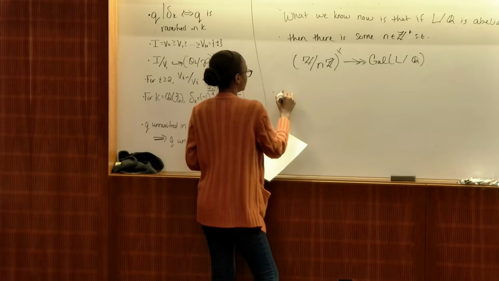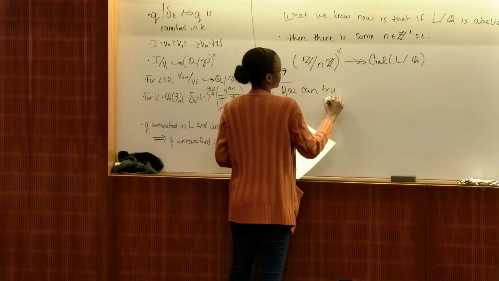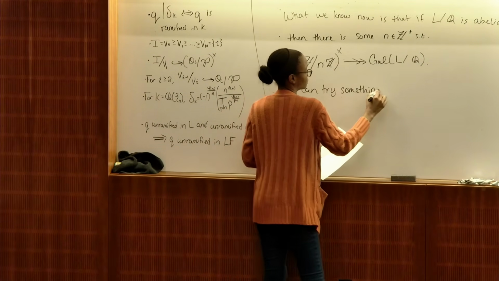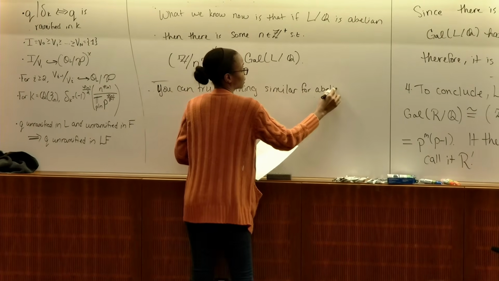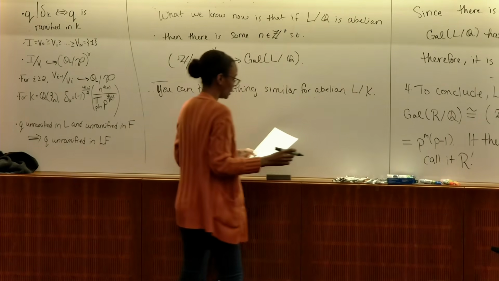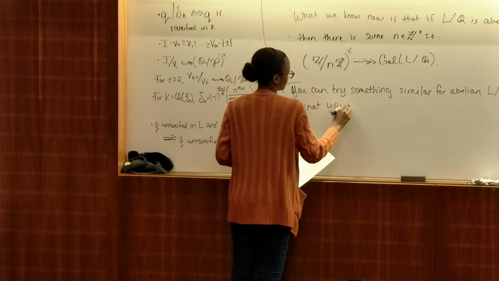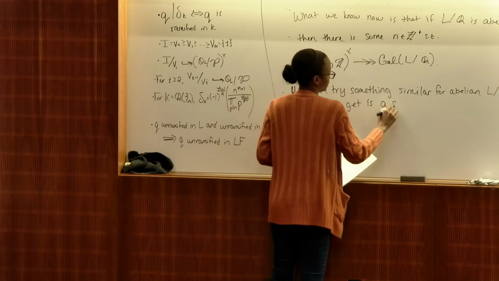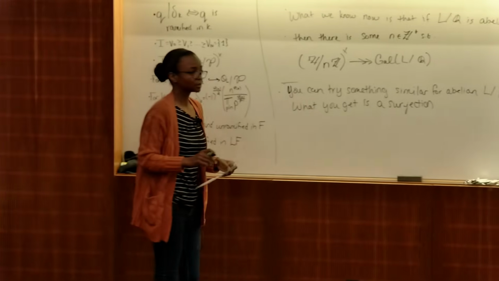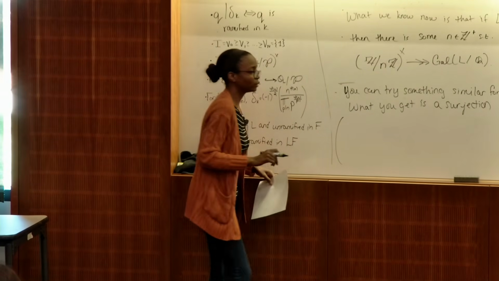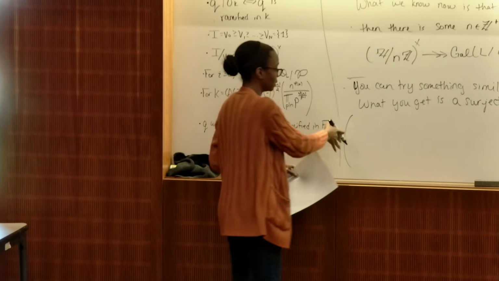So you can seek to generalize. So you can try this. For an abelian extension L over K, what you get is a surjection that I'm going to explain in what looks like an annoyingly vague way, but it's because we don't have enough time to define all of the things that would appear on this side.